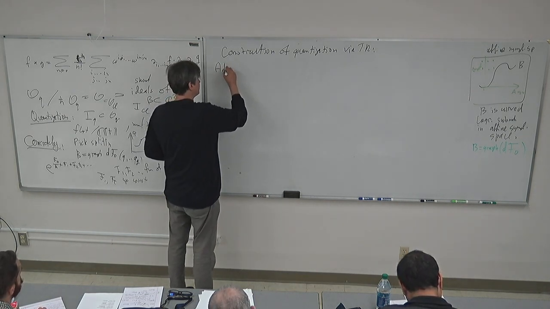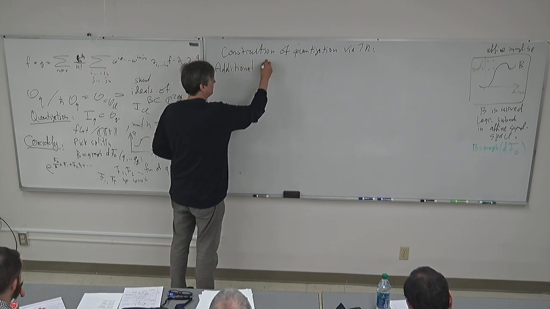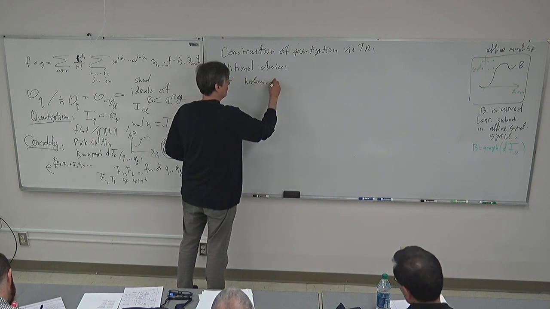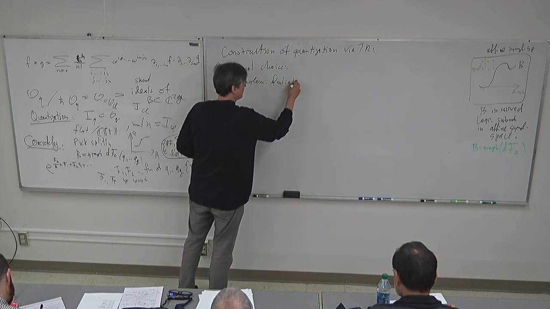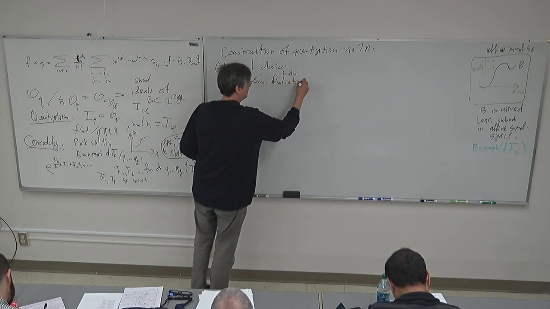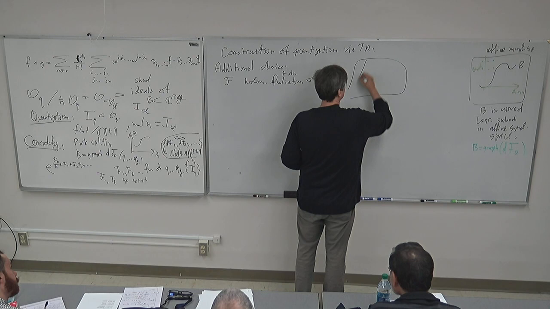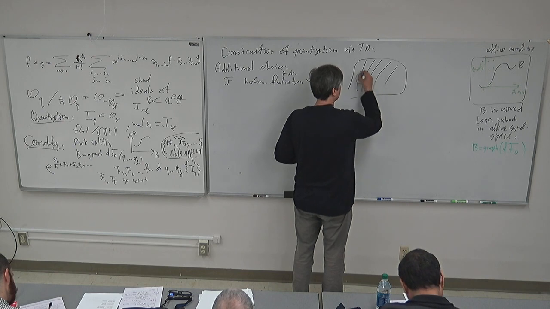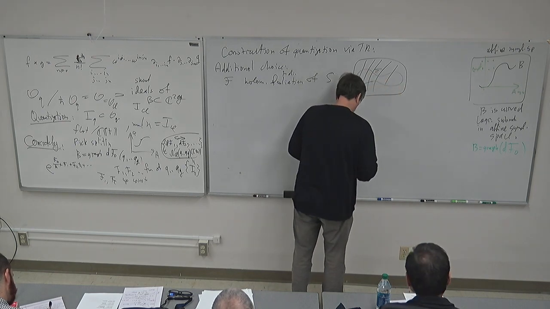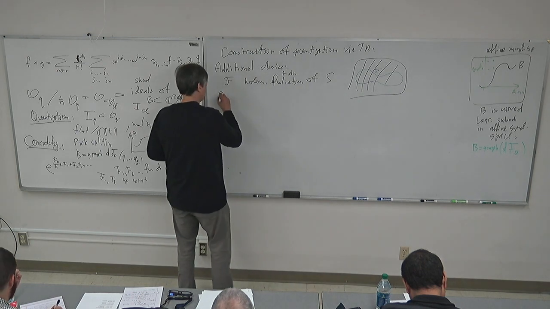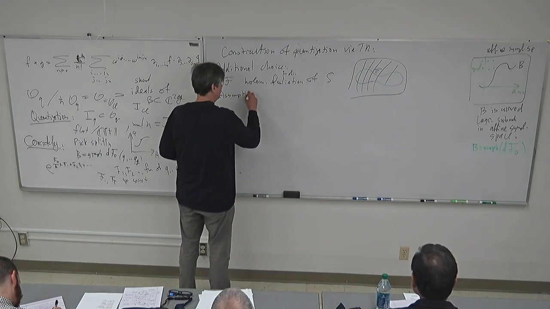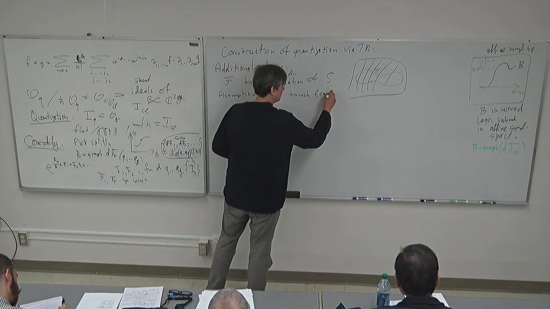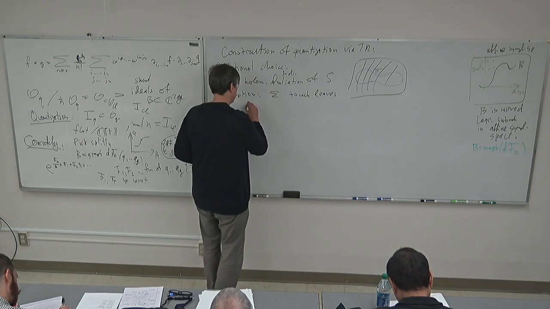You make an additional choice, a holomorphic foliation of my surface, a one-dimensional foliation of the surface. So it will be kind of like this, and I get my curve sigma, and the assumption is sigma touches leaves only in the minimal way, just quadratically.